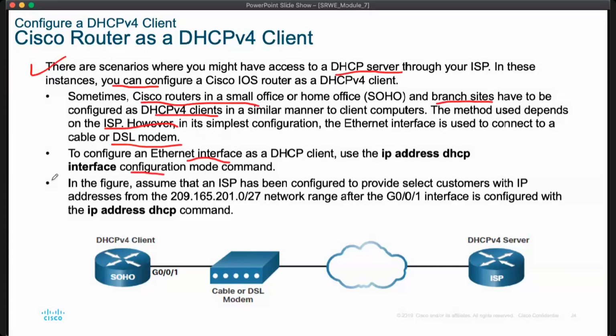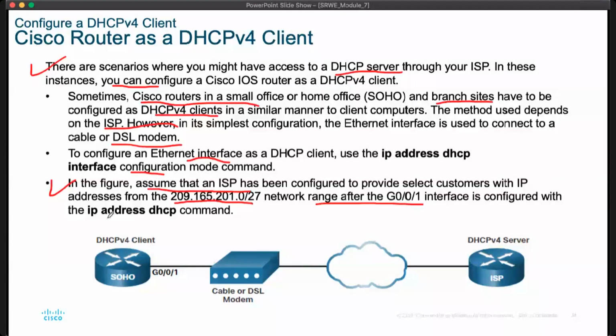In the figure below, assume that an ISP has been configured to provide select customers with IP addresses from the 209.168.201.0 network range, after the G0/0 interface is configured with the ip address dhcp command.